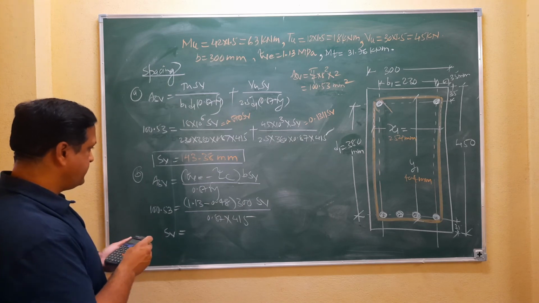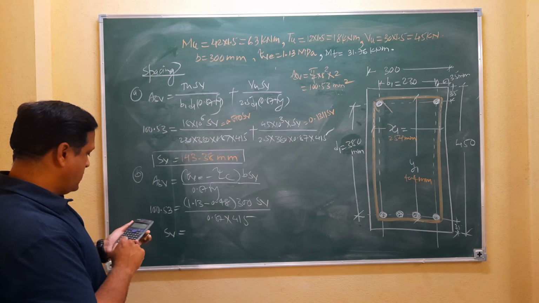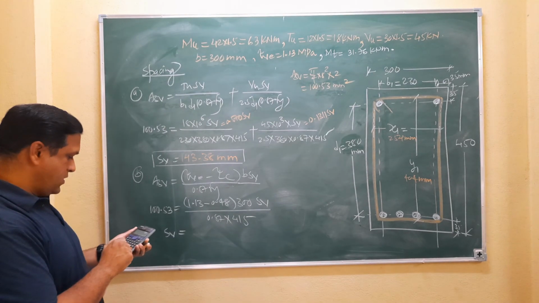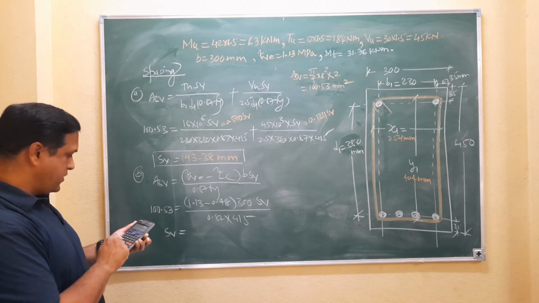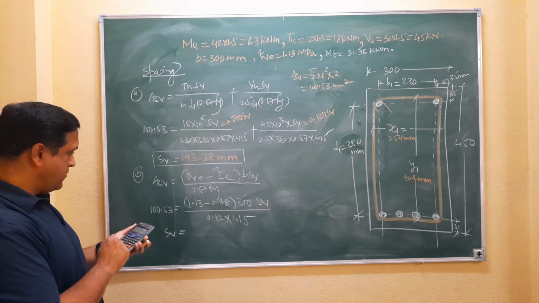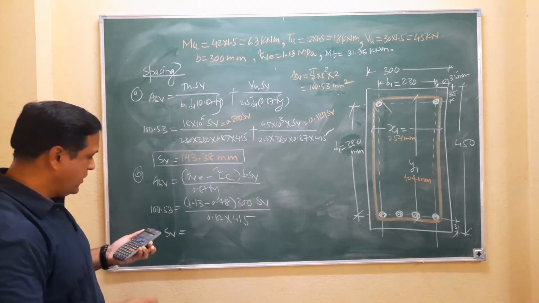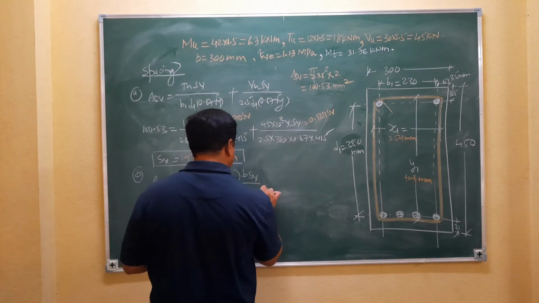I have to calculate again. 1.13 minus 0.48, okay, into width 300 divided by 0.87 fy.